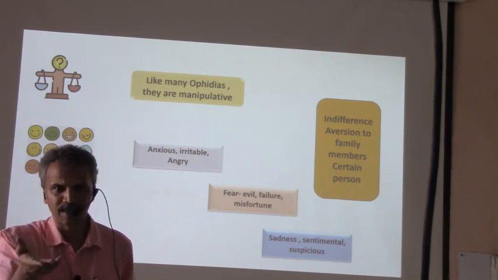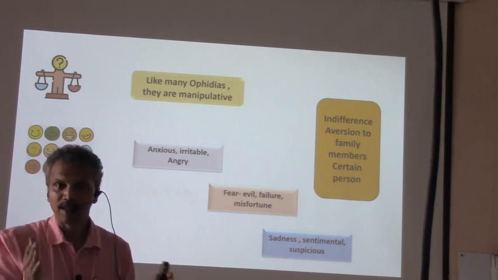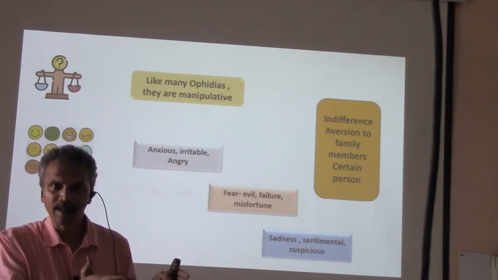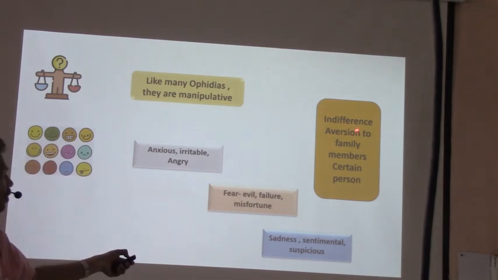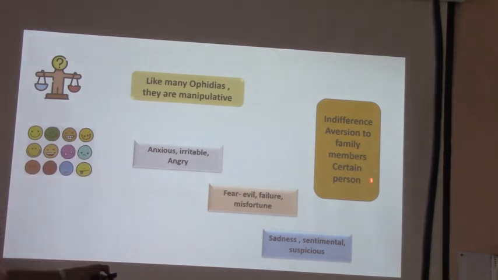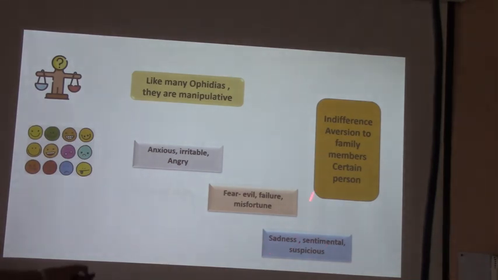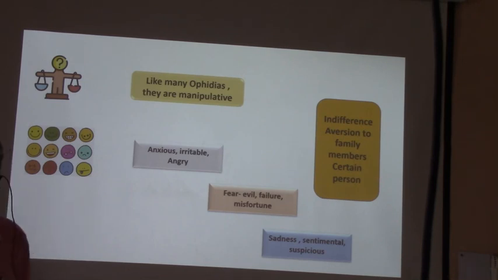Any snake for that matter can be very, very manipulative. And last was the emotional part. From anxiety, from irritability, we saw how their journey goes into indifference, the syphilitic thing. These are all solid things: anxious, irritability, anger, fear, sadness. They are more of psychotic. And this slide is mainly the syphilitic emotions of Crotalus horridus.